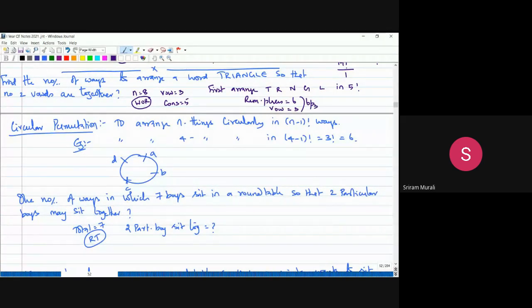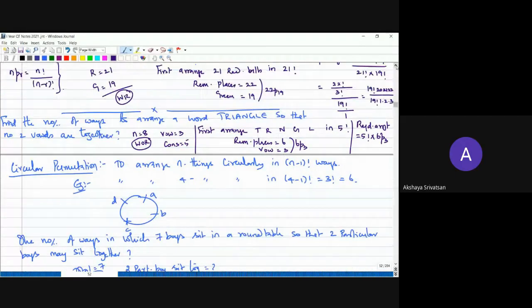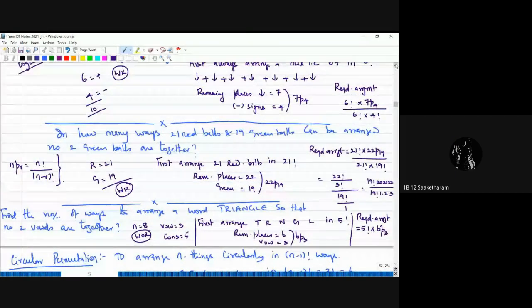So what is the required arrangement? 5 factorial into 6P3. Required arrangement will be 5 factorial into 6P3. Have you all understood? Yes, sir.